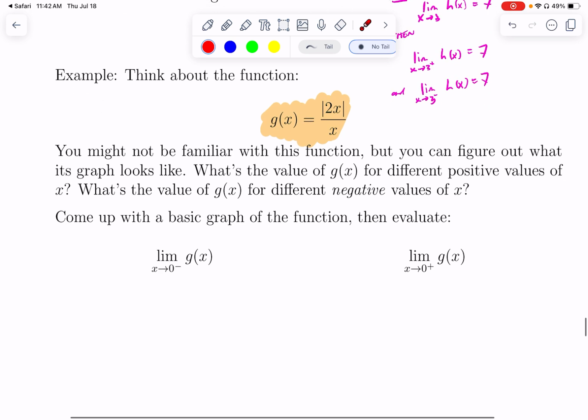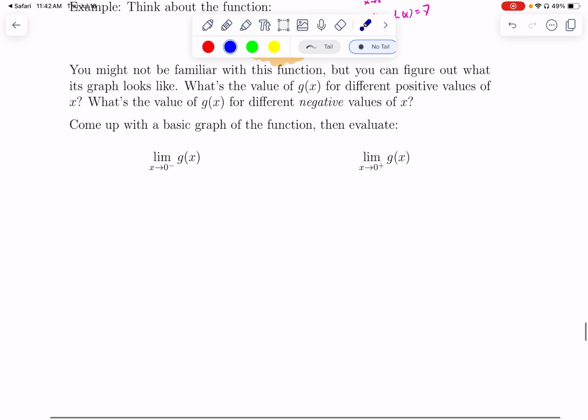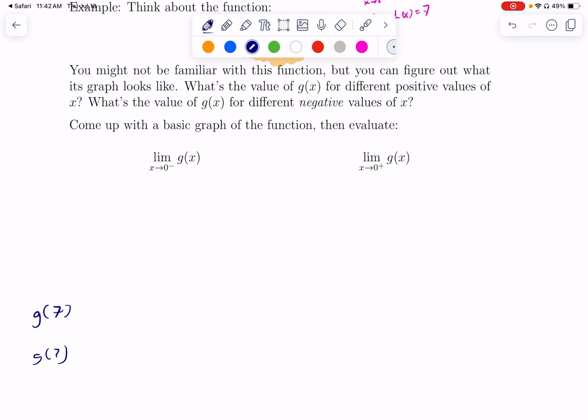Okay, so what does the graph of g look like? Hopefully you noticed that g of any positive number, g of 7 would be the absolute value of 14 over 7, which is 14 over 7, which is 2. G of 3 would be the absolute value of 6 over 3, which would be 6 over 3, which would be 2.